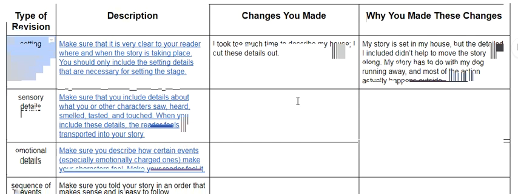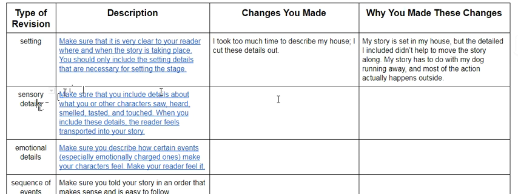Alright, let's take a look at the rest of this. Sensory details. Sensory details have to do with your senses. You know about your 5 senses. Well, as it says here, make sure you include details about what you or other characters you wrote about saw, heard, smelled, tasted, and touched. Okay, those are your senses. When you include these details, the readers feel transported into your story.